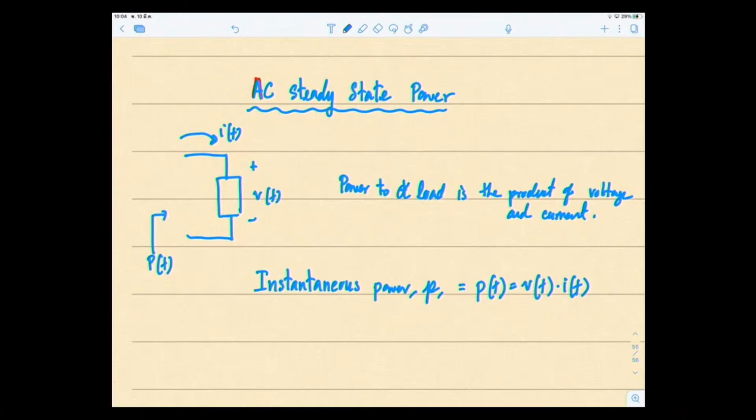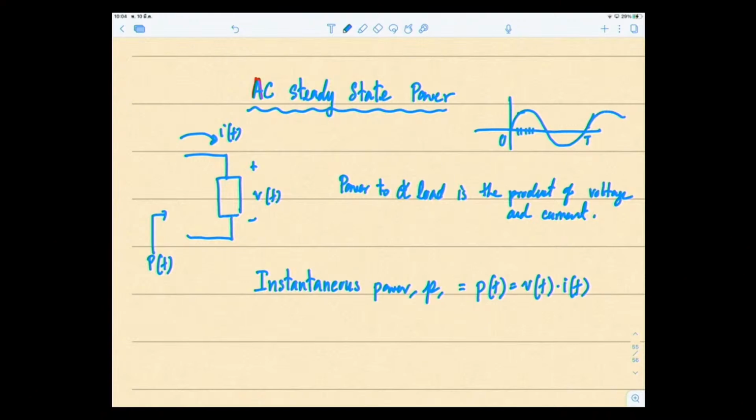This is instantaneous power at a particular time t, because AC is in terms of sine or cosine. At a particular time t, you get one value of v and i, so you get different values within one period, and then it repeats itself.